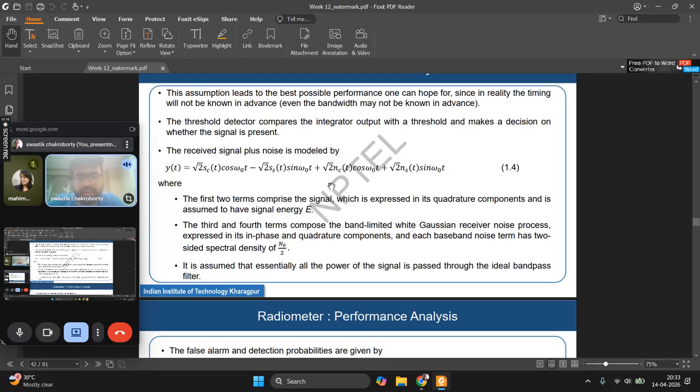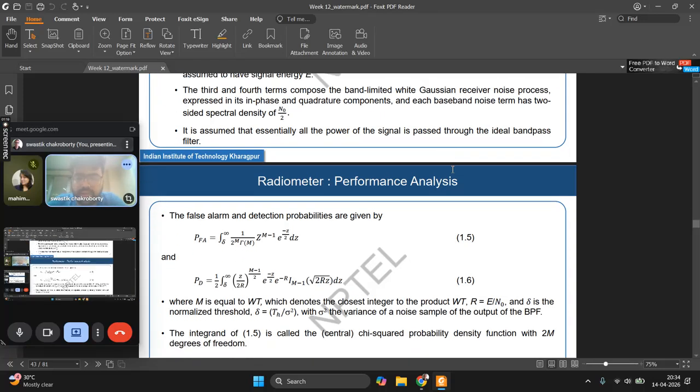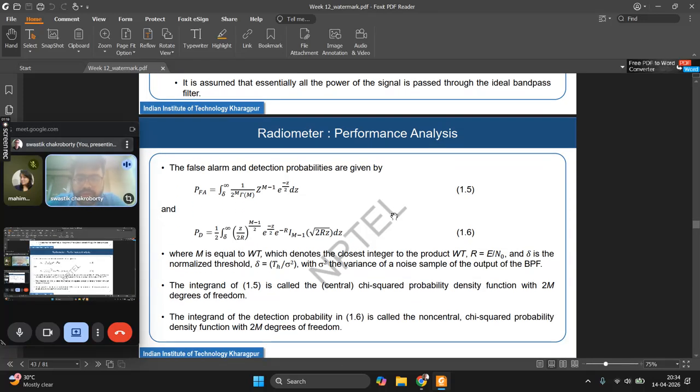So the received signal plus noise is this. Of course you have signal, divided into in-phase and quadrature. Similarly, noise is divided into in-phase and quadrature. The false alarm and detection probabilities are given here, which are functions of WT, where W is the cutoff of the bandpass filter and T is the integration time. So M is equal to WT, and they are also functions of delta, which is the threshold.